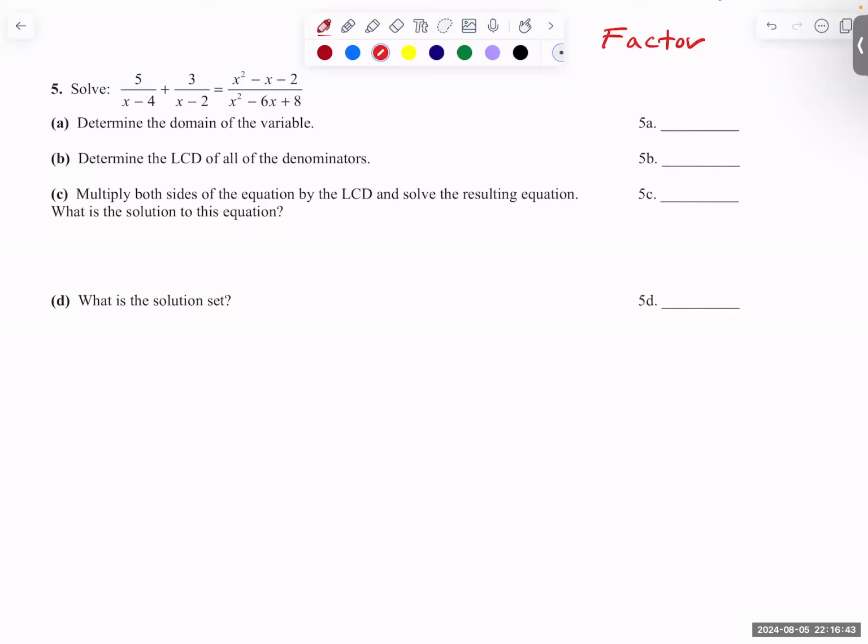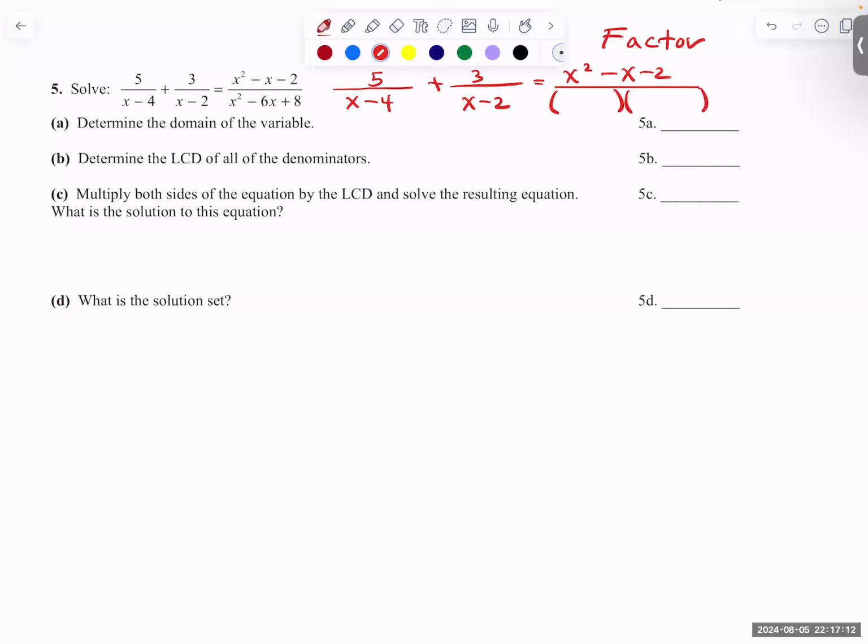So we have 5 divided by a prime polynomial, binomial, plus 3 divided by a not factorable polynomial. And then we have x squared minus x minus 2. And let's factor using factors of 8, 4 times 2.